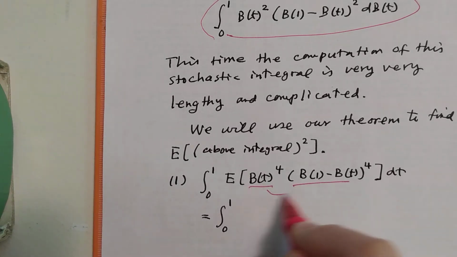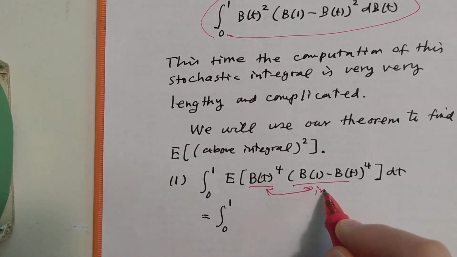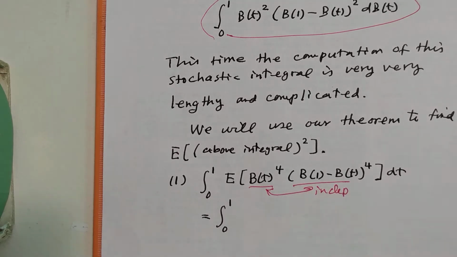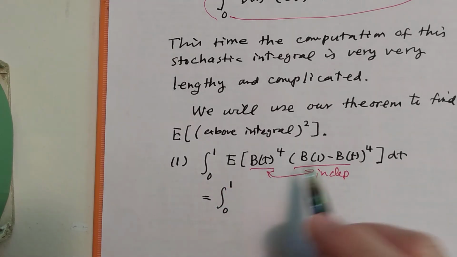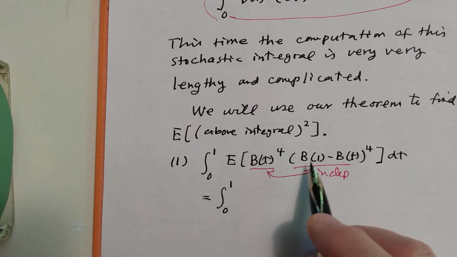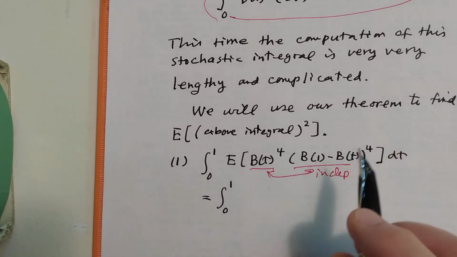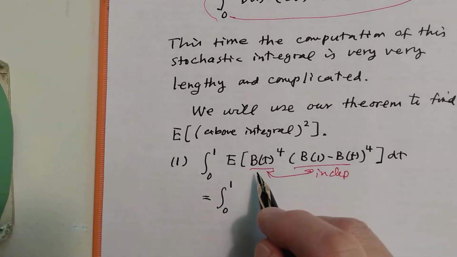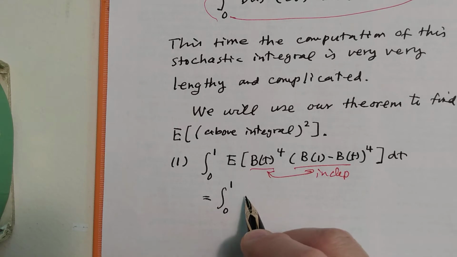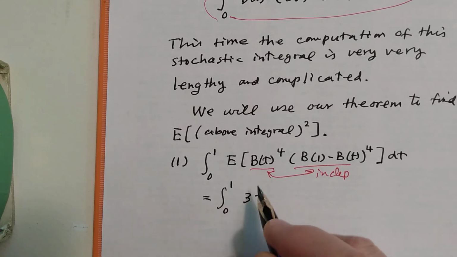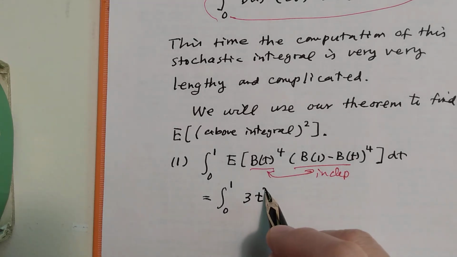Now these two are independent, and so we can compute the expectation of Bt to the power 4 times the expectation of (B1 minus Bt) to the power 4. The expectation of Bt to the power 4 is 3t squared.